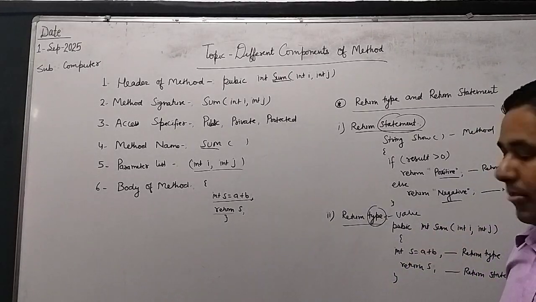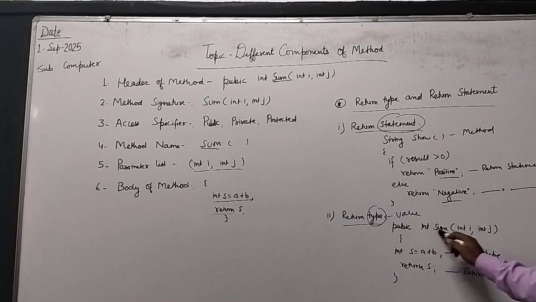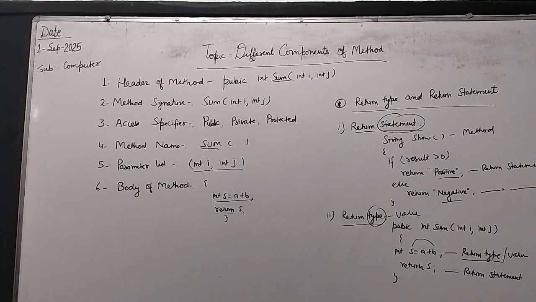Look at this example: this is the header of the method, public int sum, and this is the body. int s = a + b; the int is the return type, and the value is stored in s.